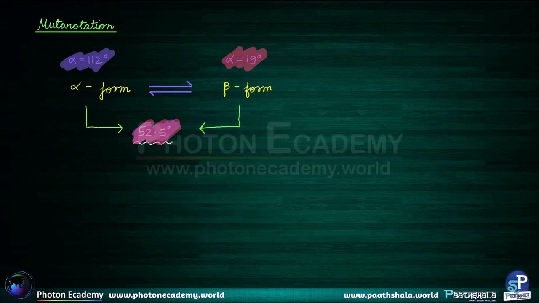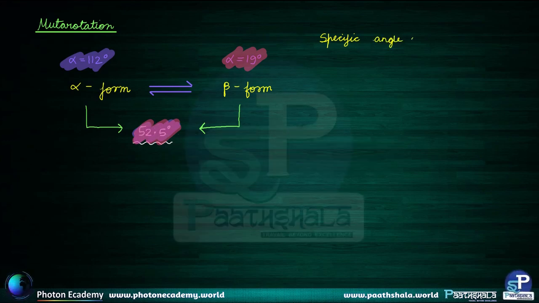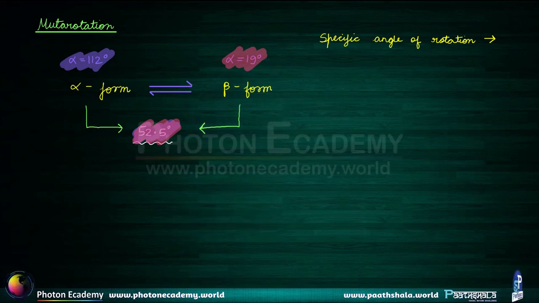Now, what is specific angle of rotation basically? If you're familiar with it, specific angle of rotation is the angle of rotation produced to plane polarized light by the solution. So whenever I have plane polarized light and I pass it through my solution, the angle of rotation produced is known as the specific angle of rotation.